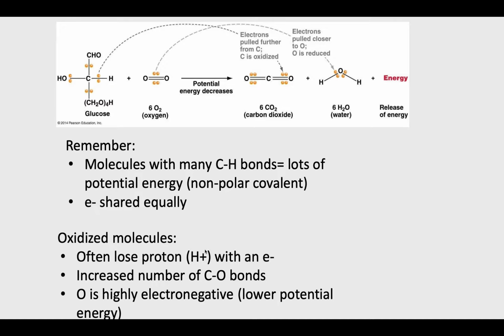Hydrogen only has 1 proton and 1 electron. We lose the electron, and it becomes just a proton, H+. They're often going to lose a proton and an electron and increase the number of C to O bonds. The C to O bonds have a high electronegativity, which means they're going to have a lower potential energy. So through these reactions, the potential energy is going to decrease.